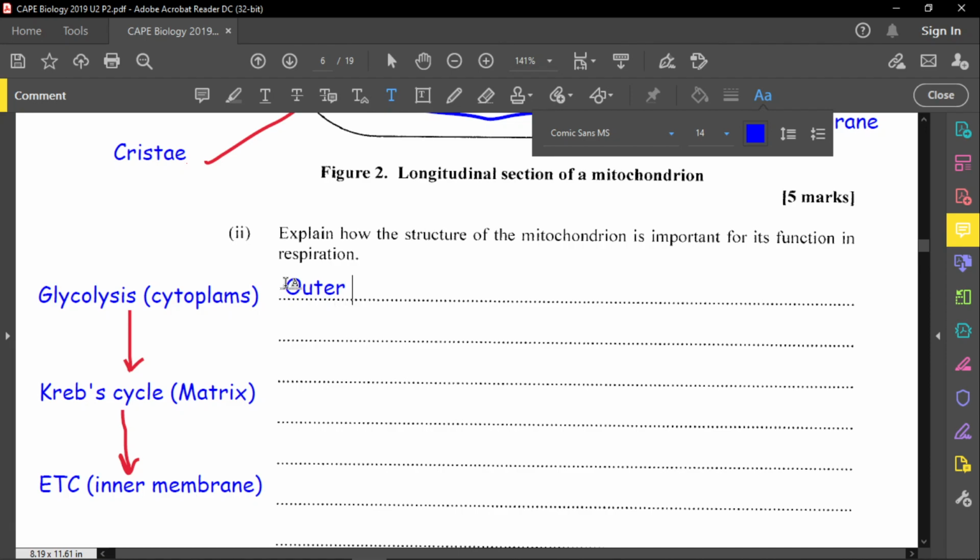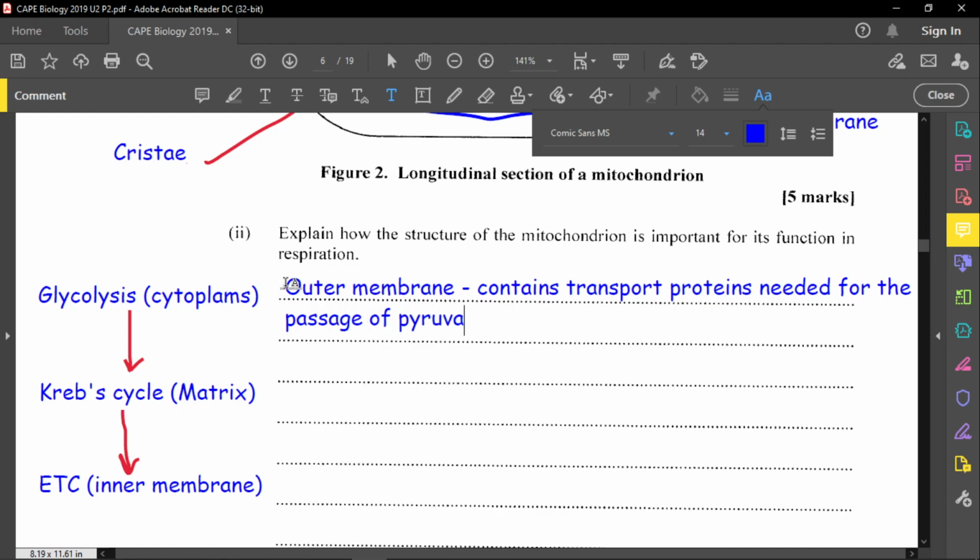So the outer membrane is very important because it contains transport proteins. The transport proteins are needed for the passage of pyruvate. Pyruvate is made by glycolysis in the cytoplasm.